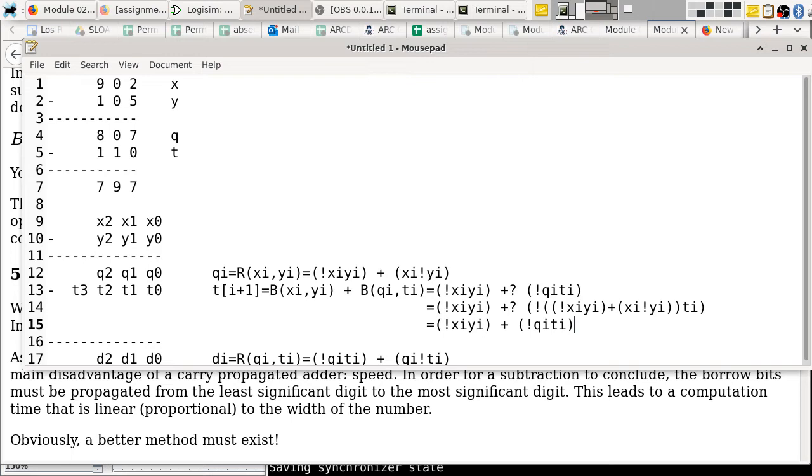Is that a good thing or a bad thing? It's great because we can reuse a lot of things that we already know and apply it here. So I'm going to challenge you guys to make your own borrow ripple subtractor. Okay, so you have to make a half subtractor first, and you combine two half subtractors into a full subtractor, and then you have to daisy chain your full subtractors to make a multi-digit subtractor.